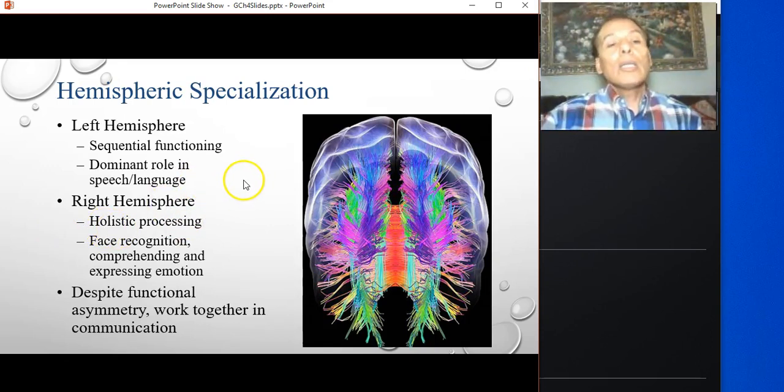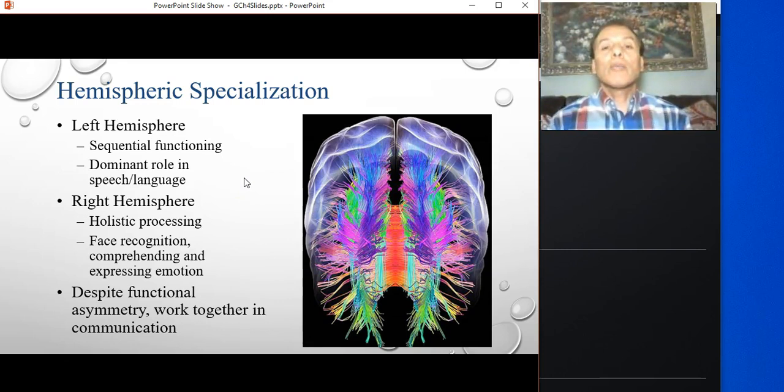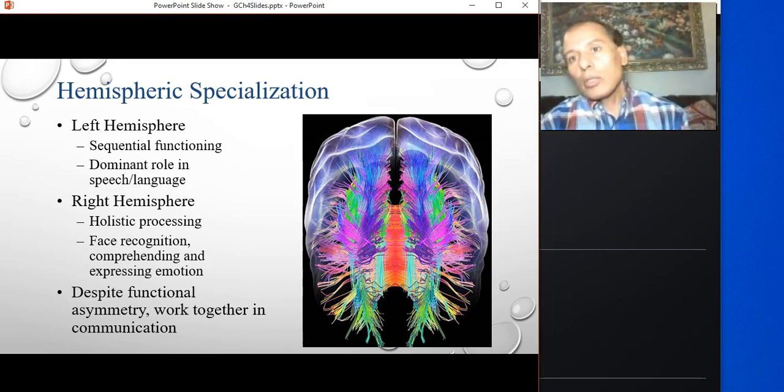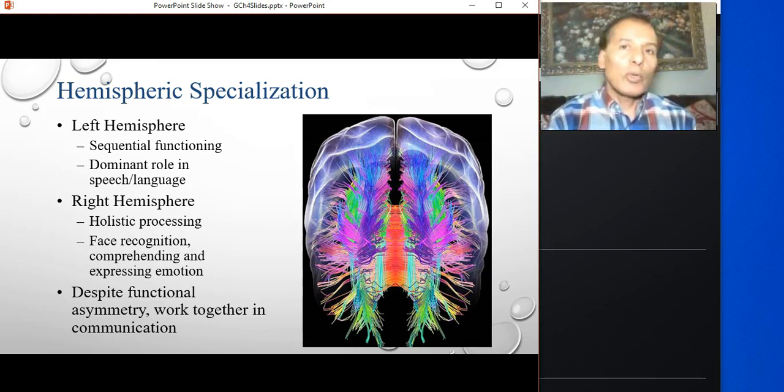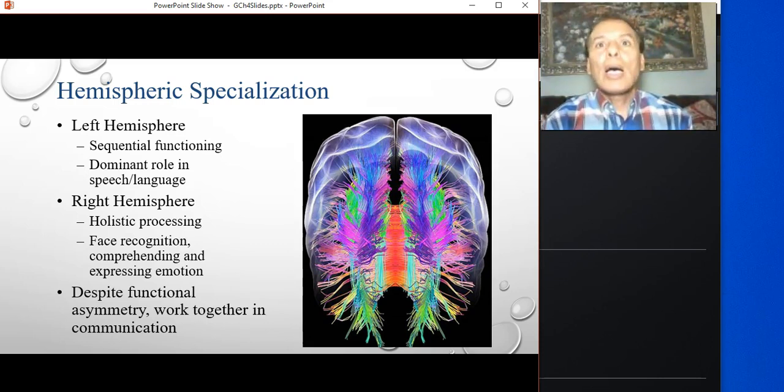So the left hemisphere and right hemisphere, I need to clarify that in the past they made a big deal out of it. Nowadays we know that there's no such thing as, oh, that person is a right brain, this person is left brain. That's now a myth, because the left hemisphere has to rely on the right hemisphere, and the right hemisphere has to rely on the left hemisphere.